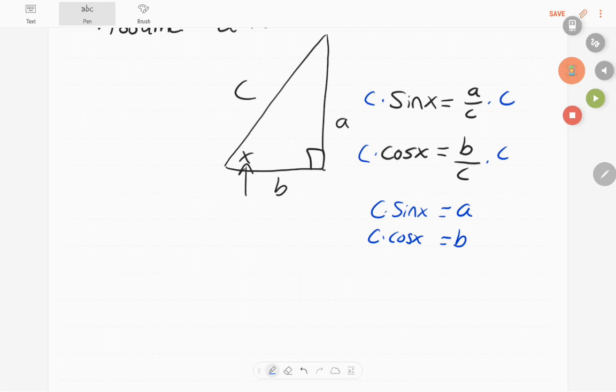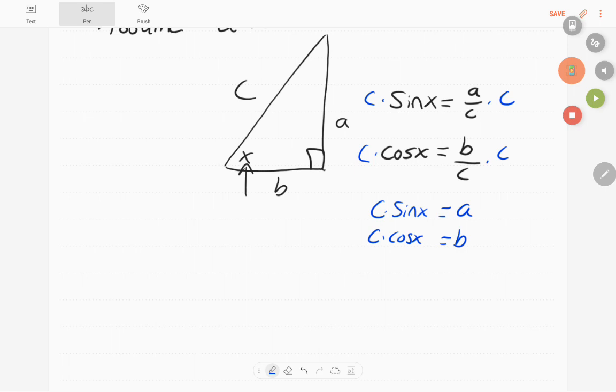If I divide each term by c squared, I end up with my trig identity, which is sine of x squared plus cosine of x squared has to equal 1. That trig identity will pop up a lot in pre-calculus and in calculus. It is something valuable that we'll be using for the next few classes. So that is your trig identity.